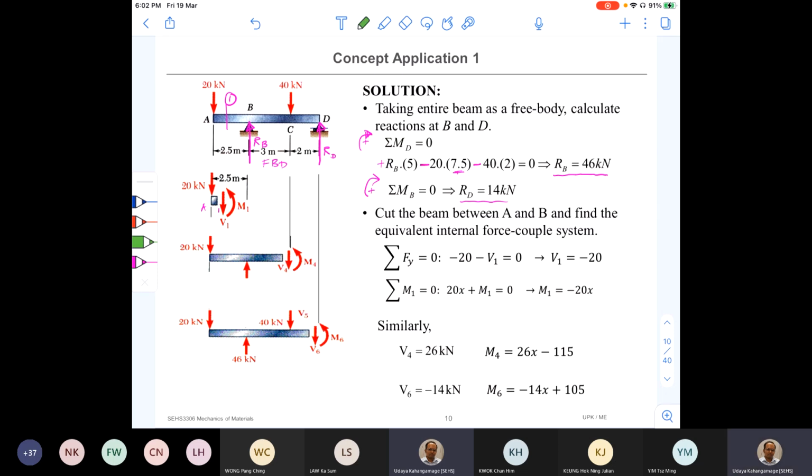Here we can see that internal force V1 is marked downwards like this. You guys can hear me, right? I hope you can still hear. And then the bending moment is also marked in the positive direction in this way, M1.